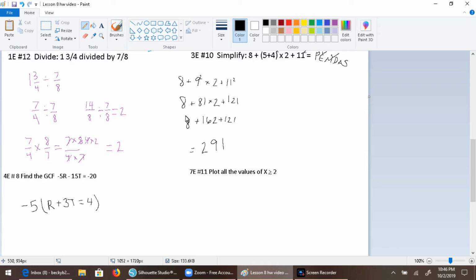On this one, we are plotting all the values of x greater than or equal to 2. Alright, so here's my number line.